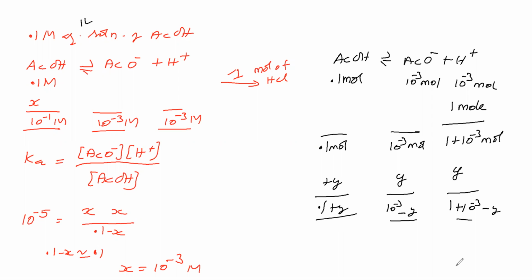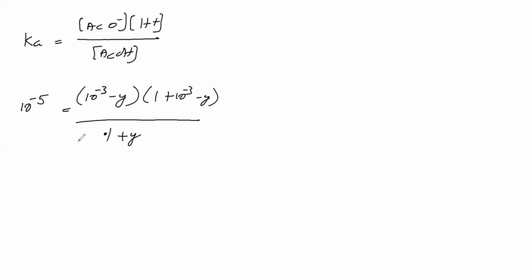We have substituted everything. Now we have to find y, which means we have to neglect some of the terms. Let us see what terms we can neglect. This 1 plus 10 power minus 3 we will take as 1.